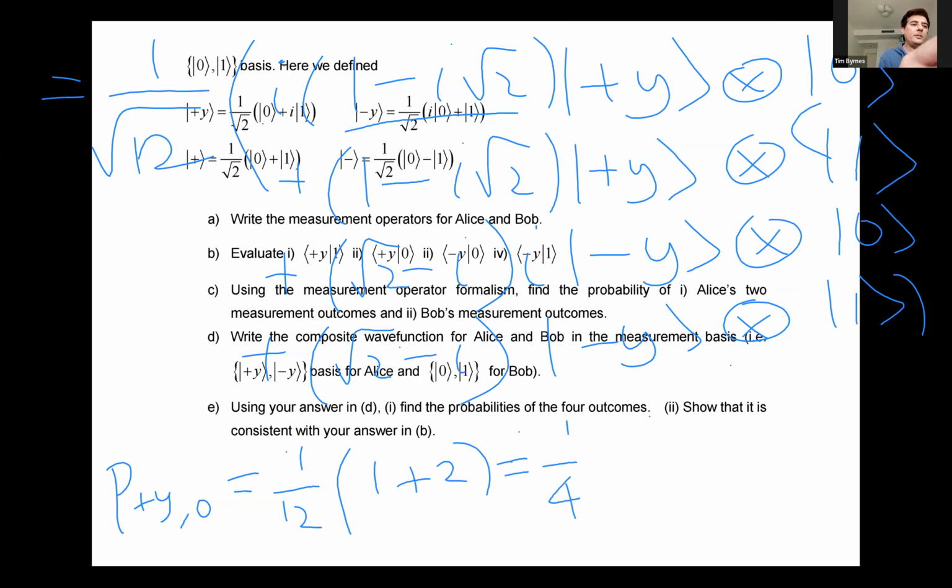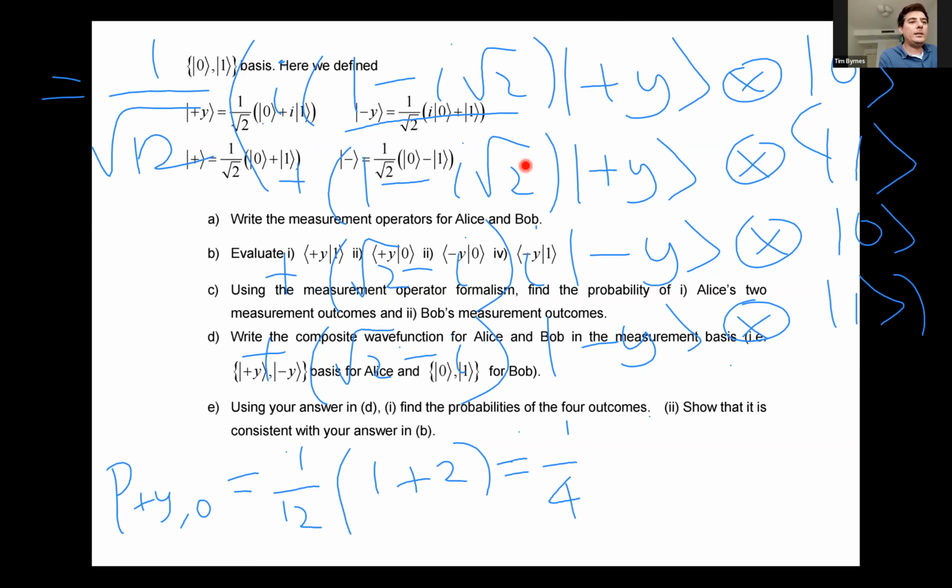And in fact, you can see from each of these terms that you're going to get a quarter for each, because when you take the modulus, you're just squaring each term, and you don't have to worry about any signs or i's. So this term also has modulus 1.